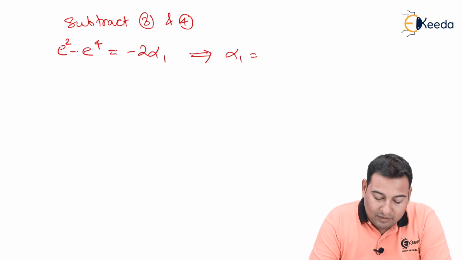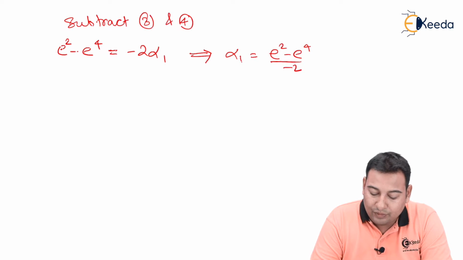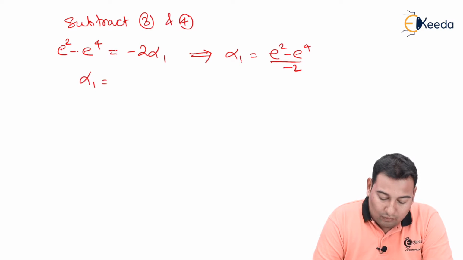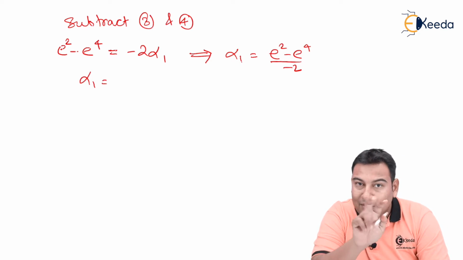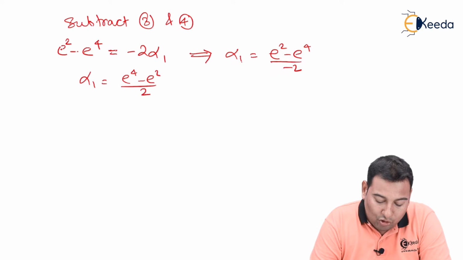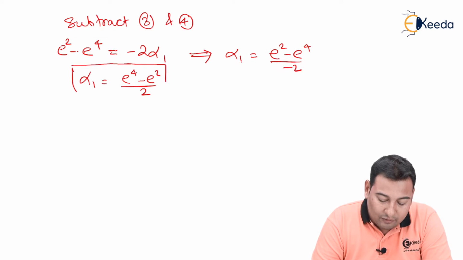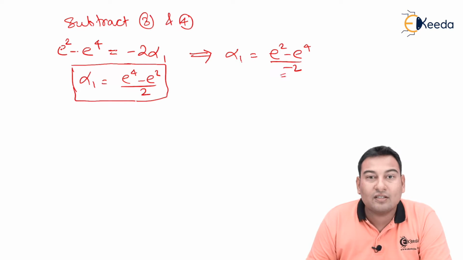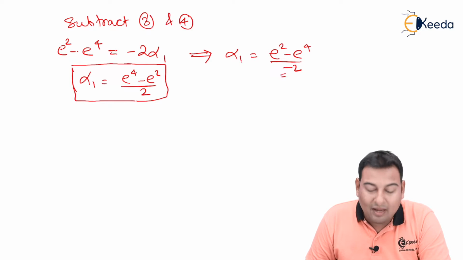Alpha 1 is basically (e squared minus e raised to 4) upon minus 2. If you take minus common from the numerator, the terms will be swapped. So this will be (e raised to 4 minus e squared) upon 2, taking minus common from the numerator and cancelling with this minus. So this is my alpha 1.